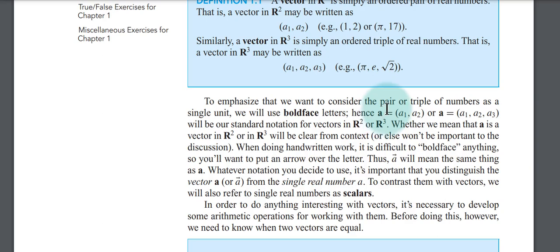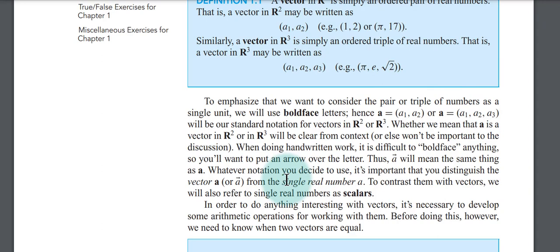If someone is doing this on a chalkboard or whiteboard, it's hard to make bold-face, so sometimes they put an arrow like this instead. But since you can easily make something bold in a book, they use the bold face for a vector. And here we just mean that instead of saying what specific numbers are, we call them a1 and a2, and the same thing here, a1, a2, a3.